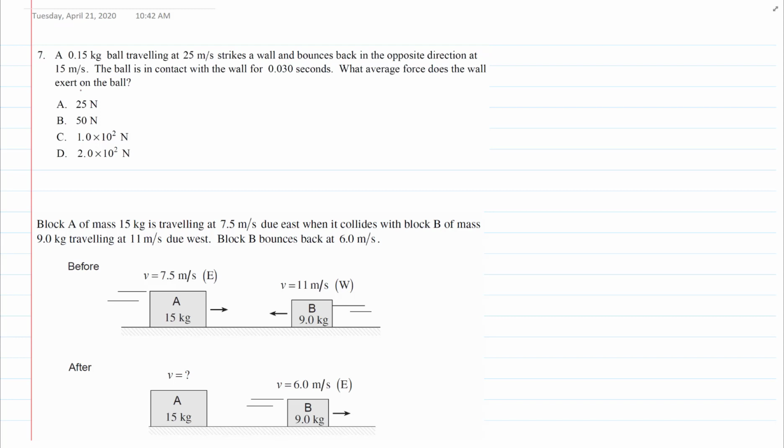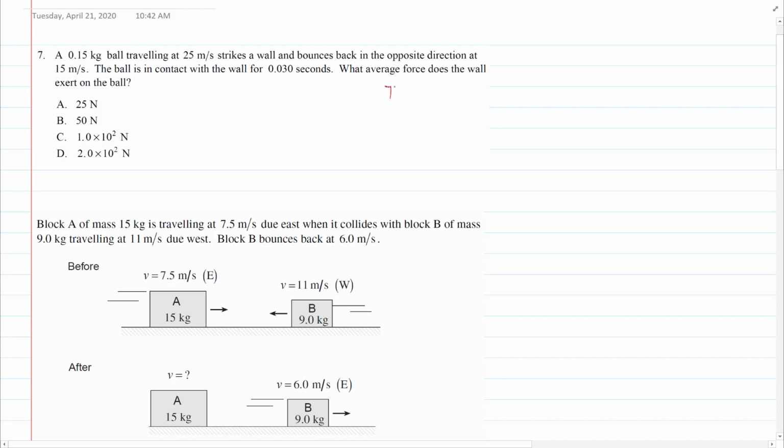Yes, we have ignition. Okay, a 0.15 kilogram ball traveling at 25 meters per second strikes a wall and bounces back in the opposite direction. The ball is in contact with the wall for 0.03 seconds. What's the average force?